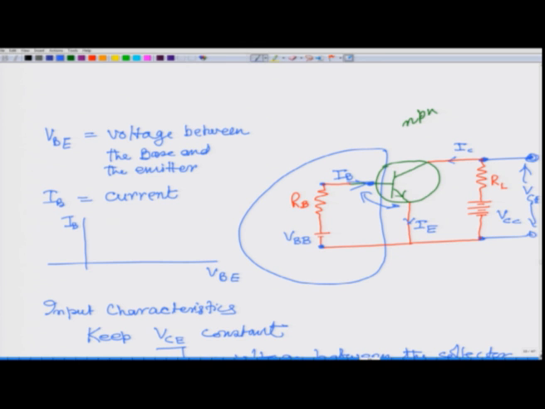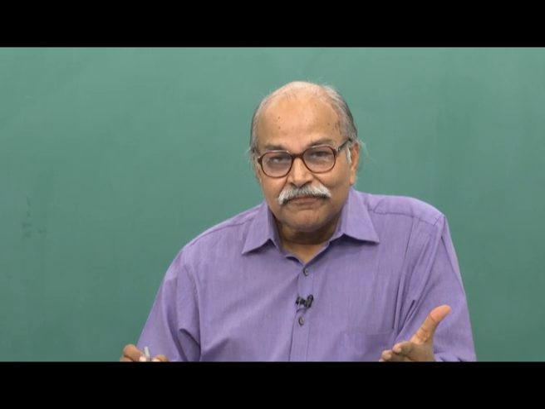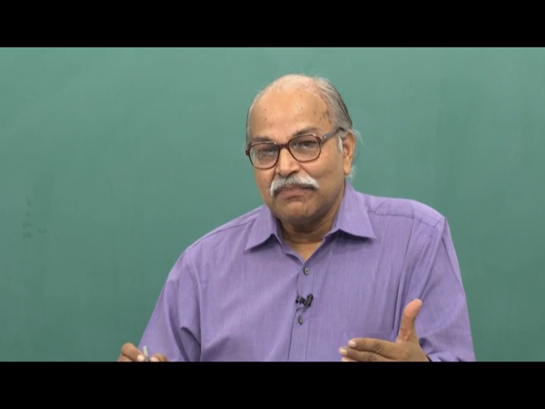But let us look at this characteristic. If this base emitter voltage is very small, that means this base emitter junction is forward biased by a small voltage. Remember, this is a PN junction, and therefore, you have some kind of a threshold voltage. Before that the current does not start. It is diffusion, but then diffusion is against that potential barrier.